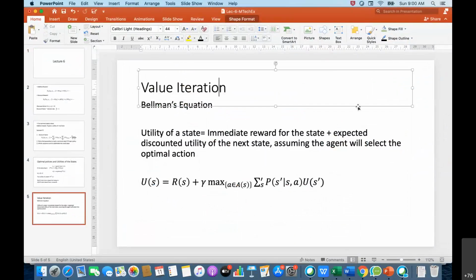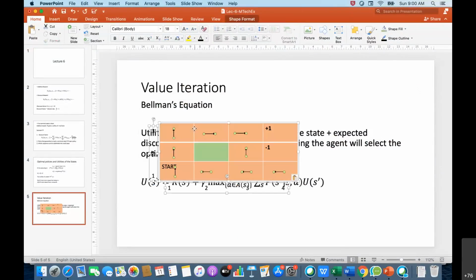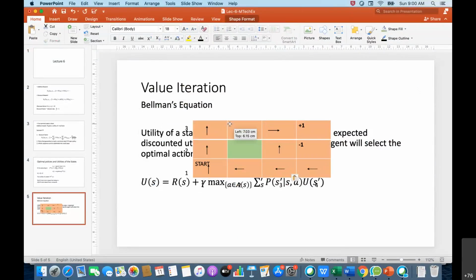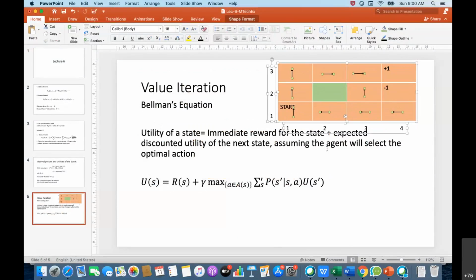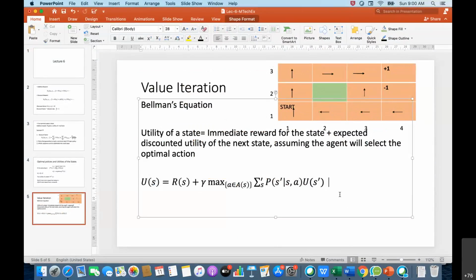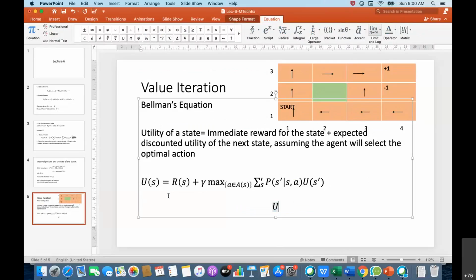Let's draw the box again. Over that, if we want to compute the utility of the state, let's try to compute the utility of the state.